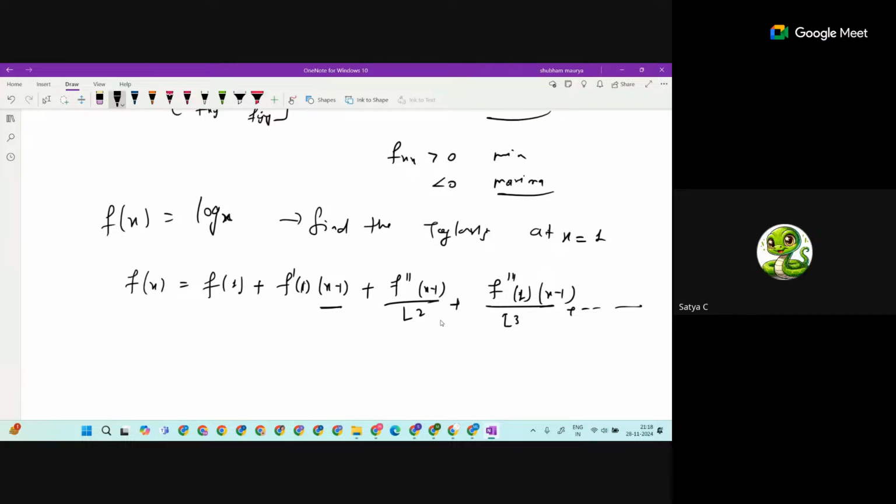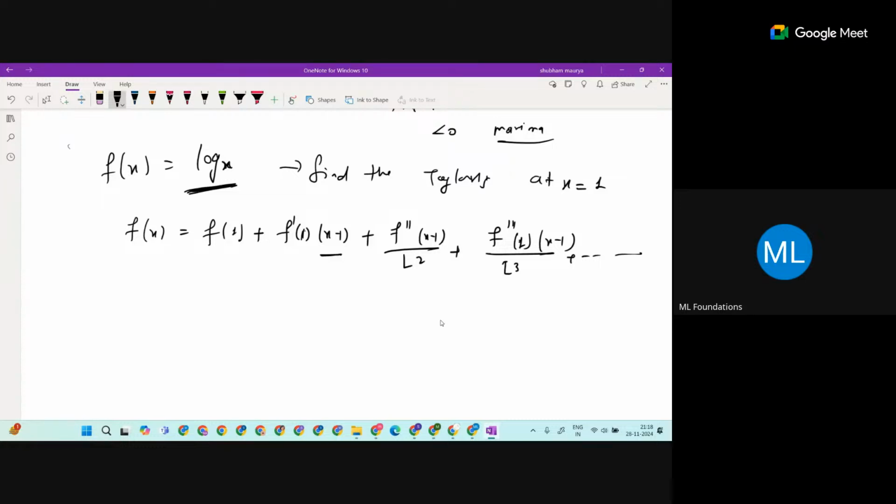Sir, could you take one question on Taylor series? Yes. Let's say the function is this one. If a problem is asked, it would mostly be on one variable. Suppose I have the function log x and I want to find the Taylor series at 1. Let's find the derivative first, which is going to be 1 by x.